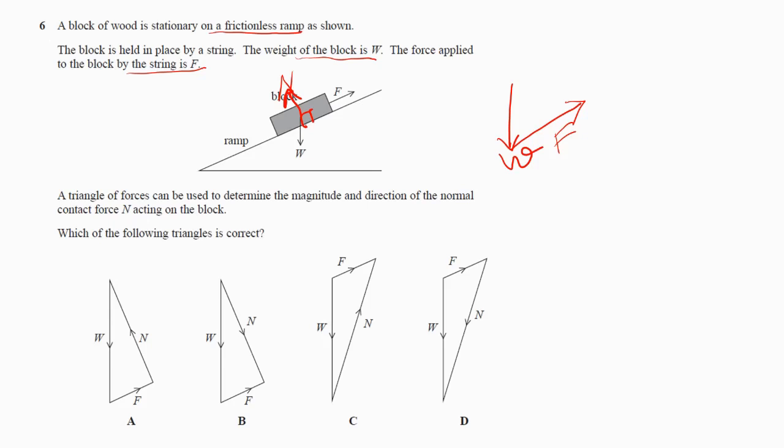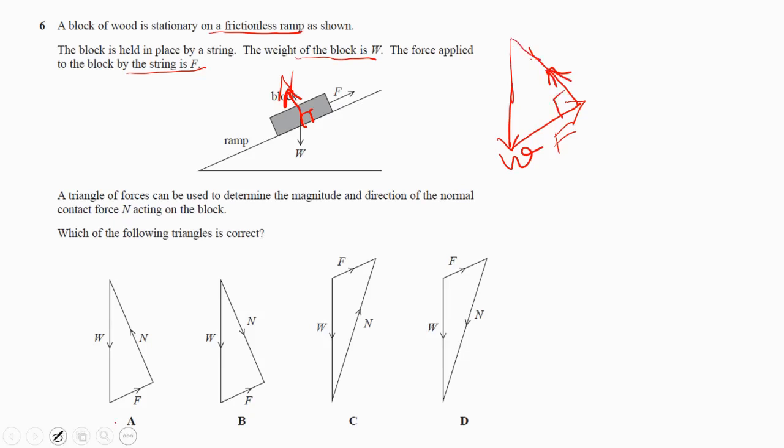The normal reaction should always be perpendicular to the inclined plane. That means the force F and the normal reaction are mutually perpendicular, and it is in this direction. Okay, so we will get an exact diagram.